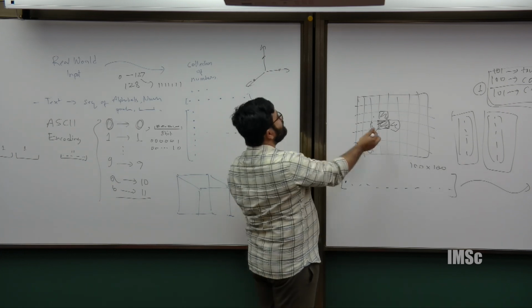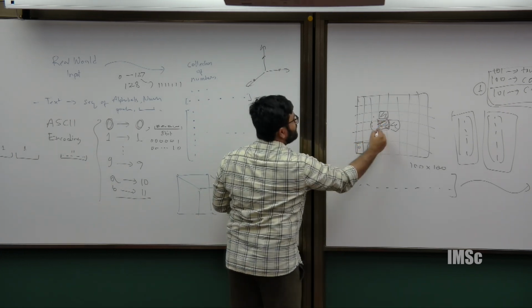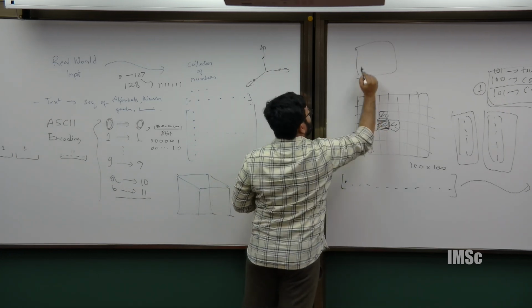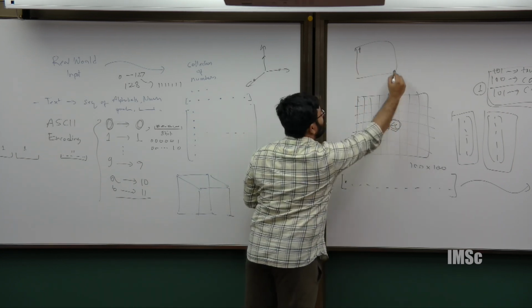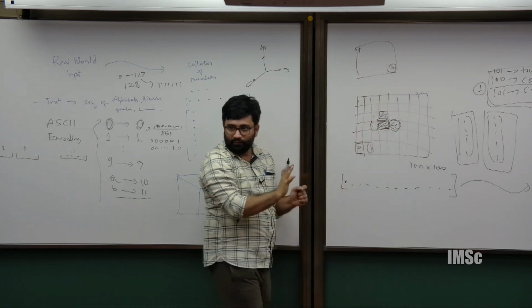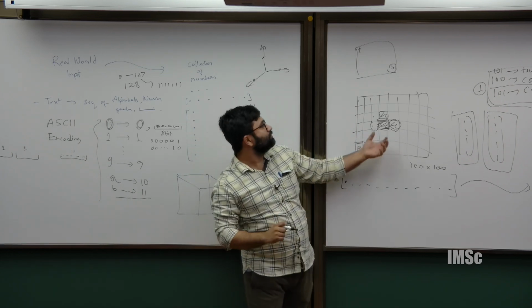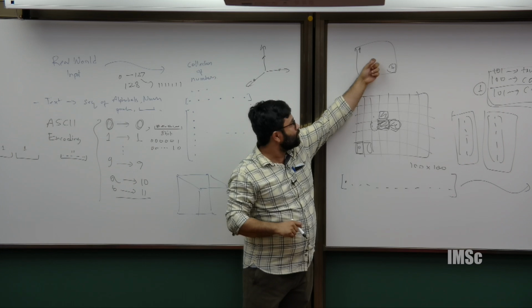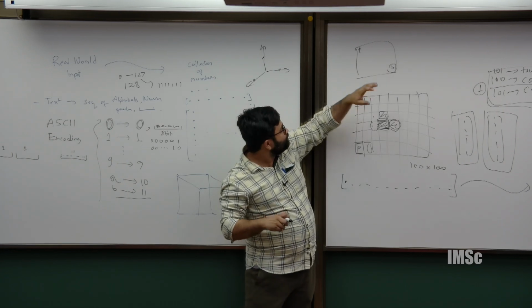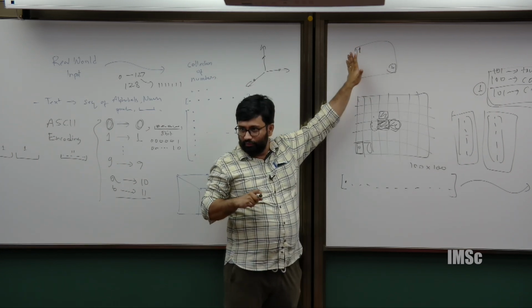So another representation of this thing could have been, I'll take this pixel and somehow arbitrarily put it in the first position. Take this pixel and put it in the last position. Things like that. So there was no need for me to represent an image as a matrix where the pixel is mapped to its corresponding position in the matrix. I could put it in any arbitrary position.